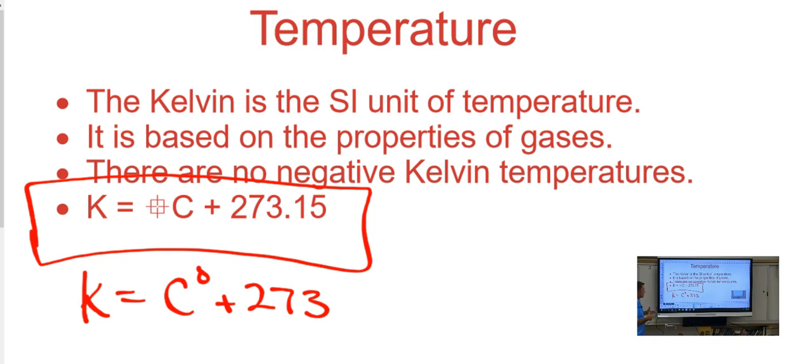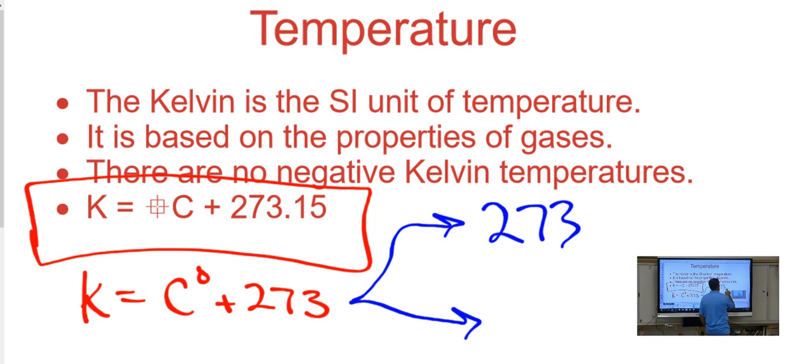All right? The two most common temperatures in Kelvin that we'll use in this class are 273, and that would be 0 Celsius. That's when water freezes. Or we use 298, and this is the most common one. 298 Kelvin is what we consider to be room temperature.